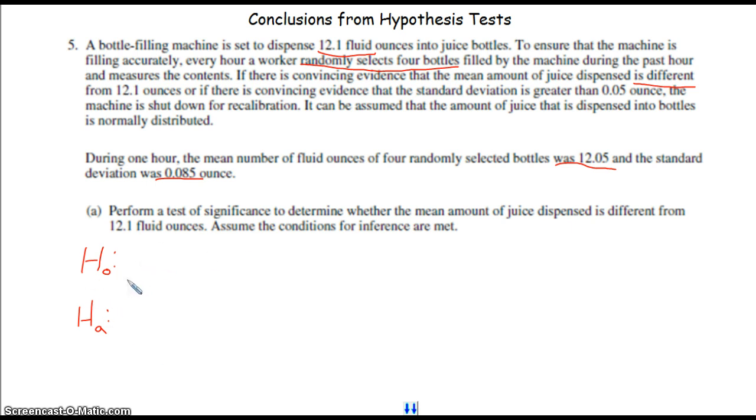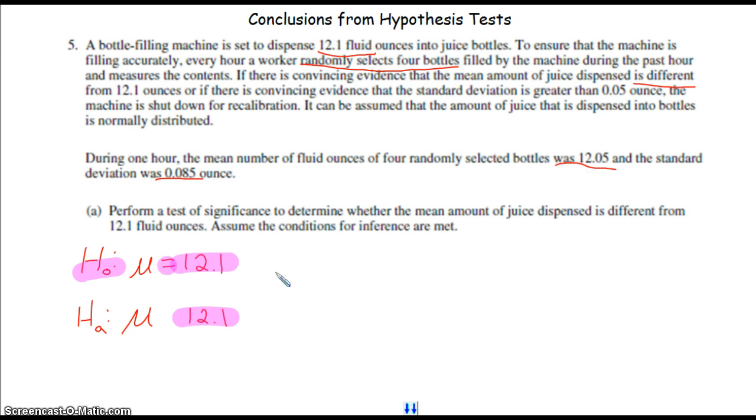So Ho would be that the true mean amount is 12.1 fluid ounces. In other words, the machine is working correctly. Now with Ha, it'll also be mu, it'll also be 12.1. This value here and this value here should always stay the same. Ho is always a test of equality.